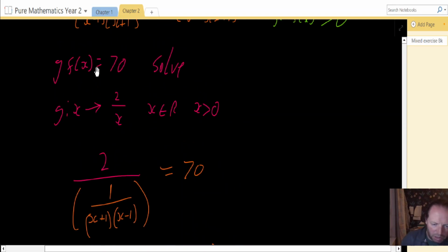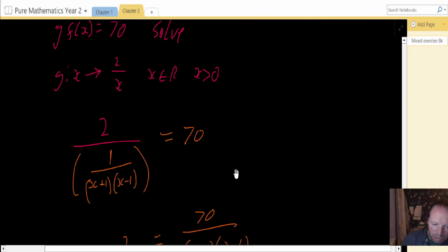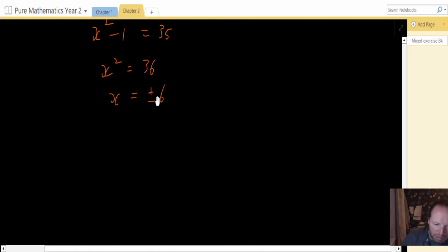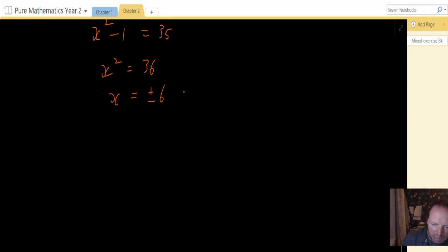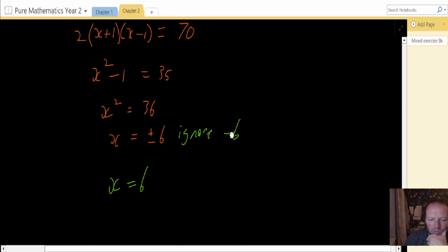Now, g of x is only good for x greater than 0. f of x was only good for x greater than 1. So we will ignore the minus 6, x equals 6 for a final answer. Now, rethinking that, I'm not going to ignore the minus 6.